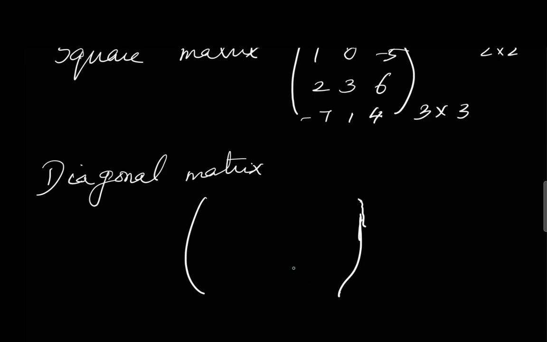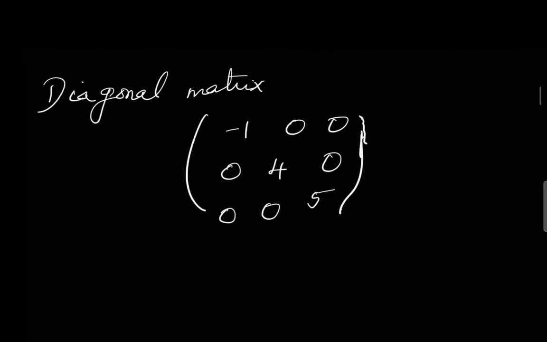See, in the square matrix you have the diagonal here. So I mentioned this -1, 4, 5. So the remaining elements are 0. All the elements are 0 except the leading diagonal elements. This is a diagonal matrix.